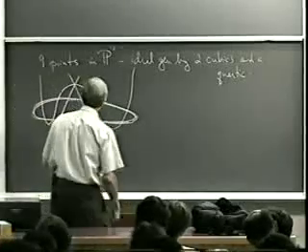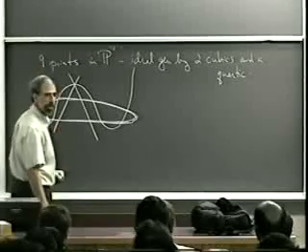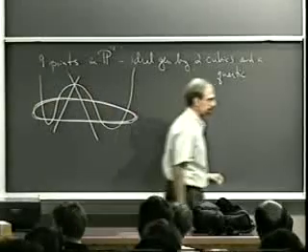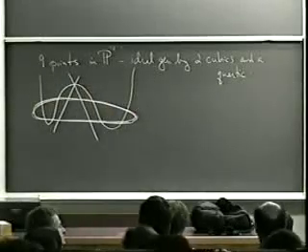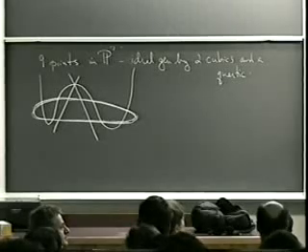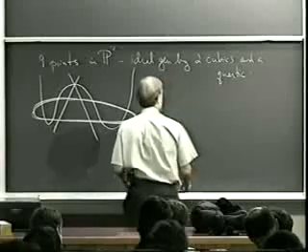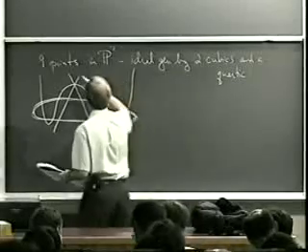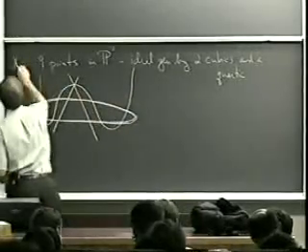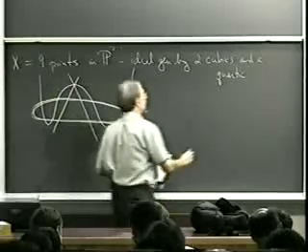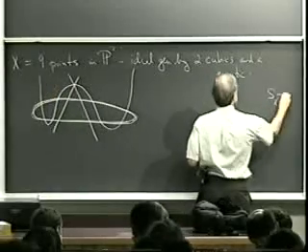So what does the resolution of such a thing look like? Well, let's look at the homogeneous coordinate ring. So this is x, and then a resolution would look like Sx.